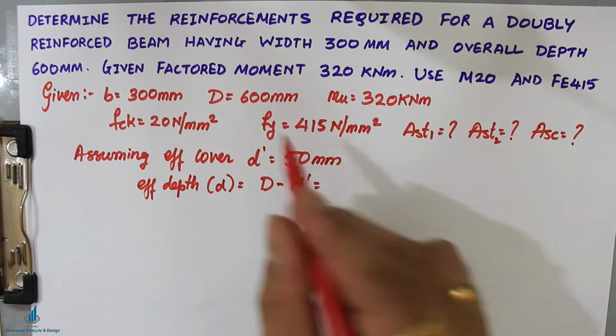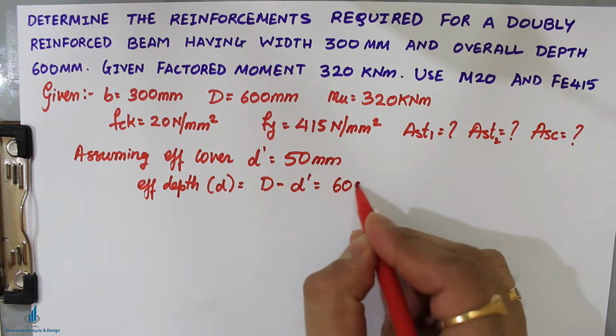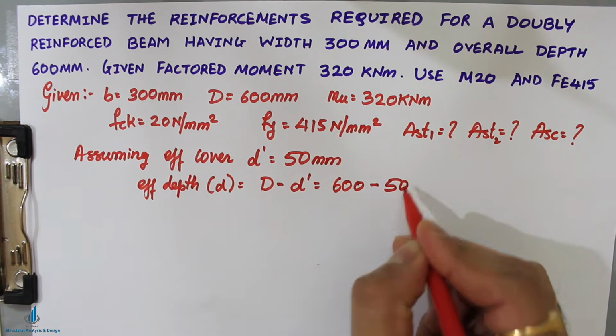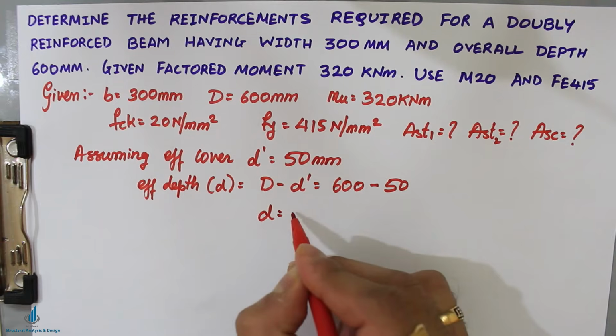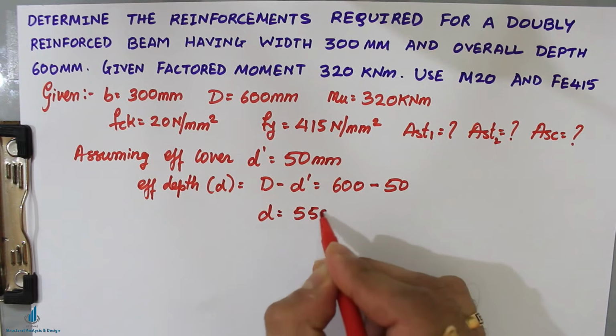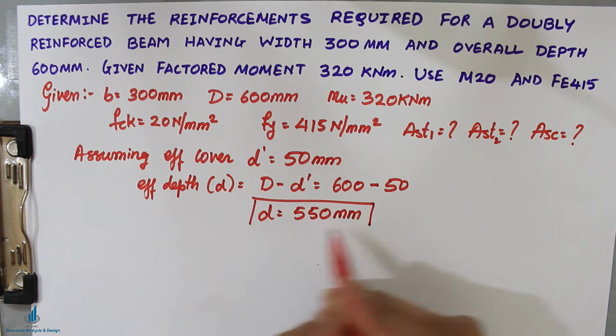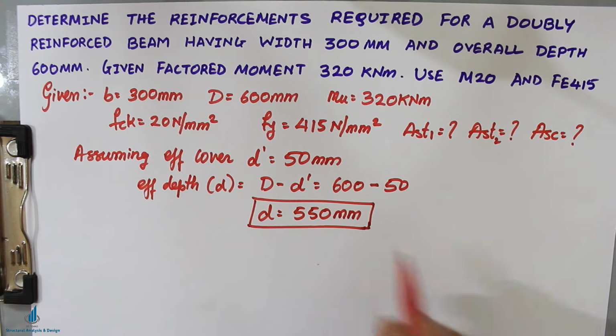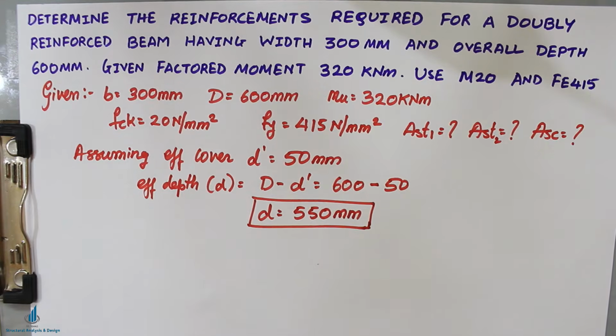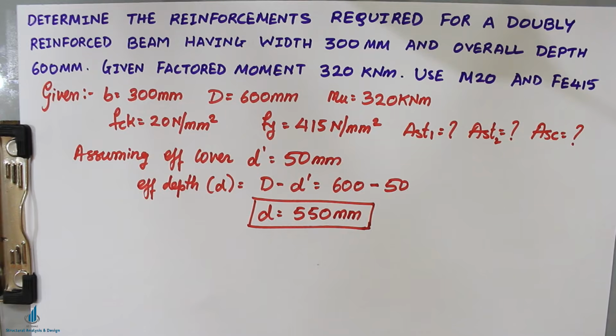D is our 600 mm minus 50 mm. So the effective depth is 550 mm. You can make a box for this because it is required in your further calculations.